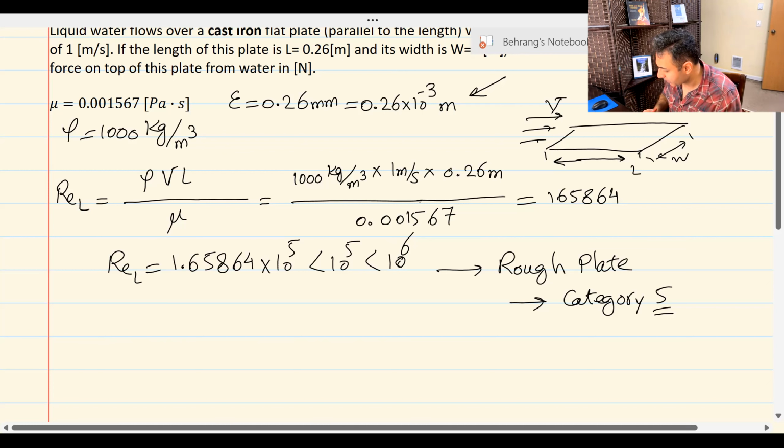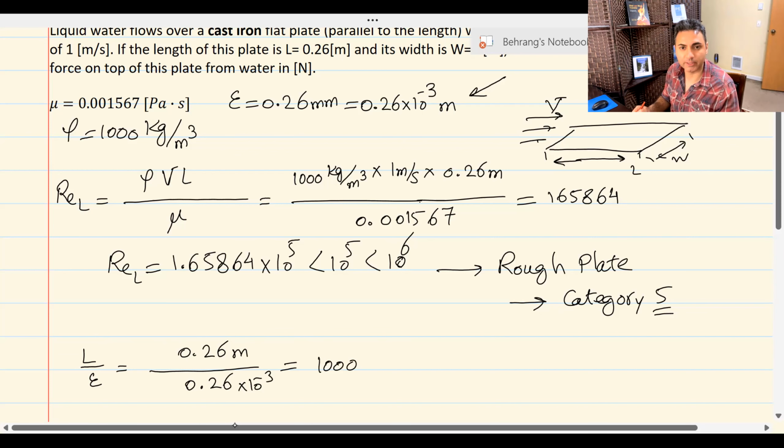But in order to use that graph, you need to calculate one more thing, and that was L over epsilon. So let's do that. L is 0.26 meters, and epsilon is 0.26 millimeters, which is 10 to the negative third meters. So L over epsilon becomes 1,000, like this.